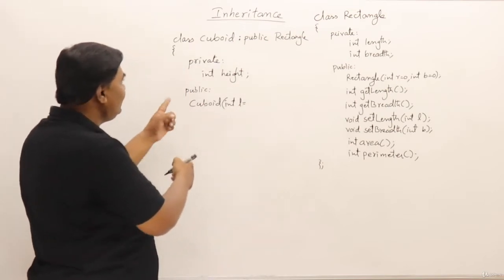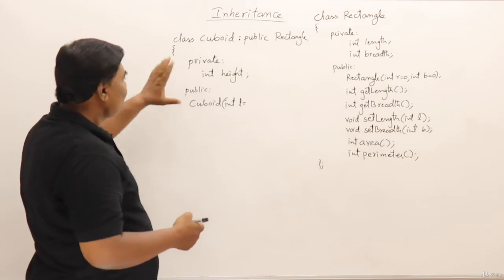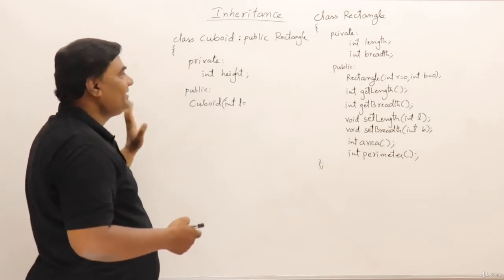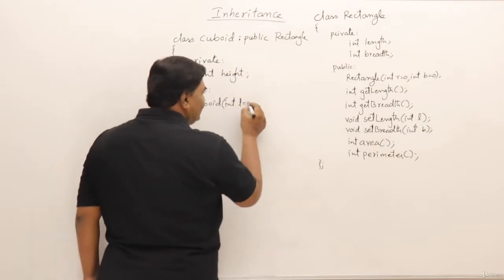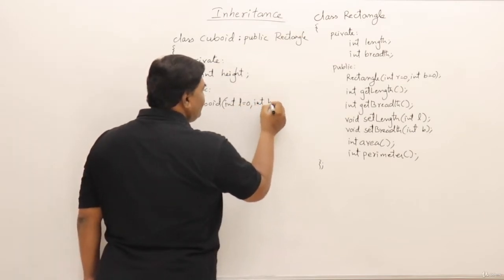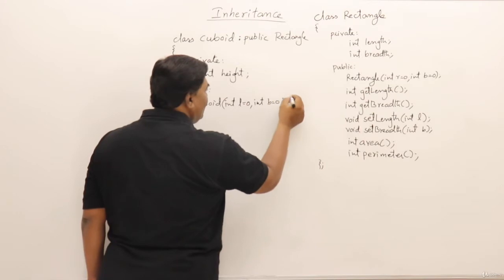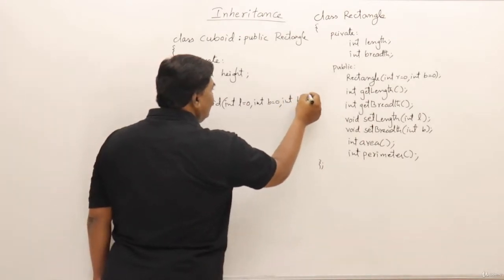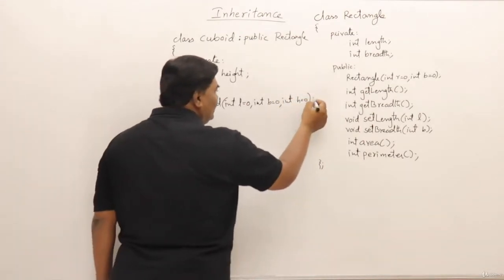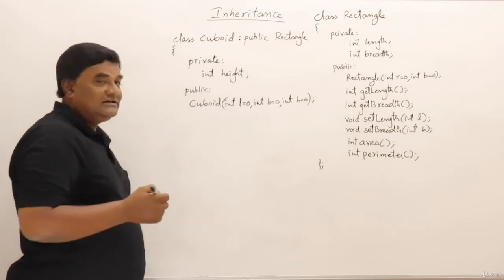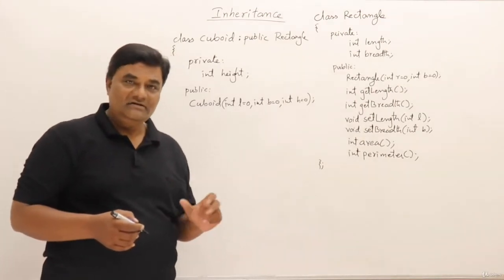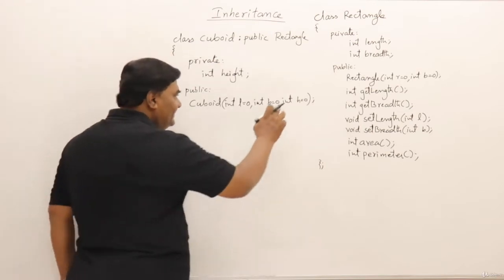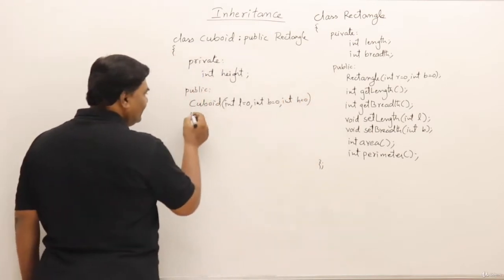See, this is inheriting from rectangle, so this is also having length and breadth. Yes, so it can take the argument length. Length assign 0 and integer breadth also as 0 and integer height also as 0. It means if nothing is given, then all three will be 0. Otherwise, whatever you mention, those parameters are taken. Alright. Now let me implement this and show you how it can work.